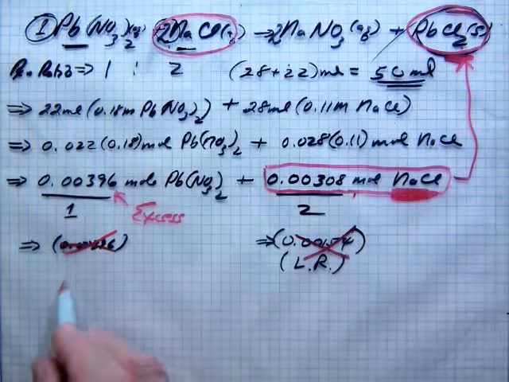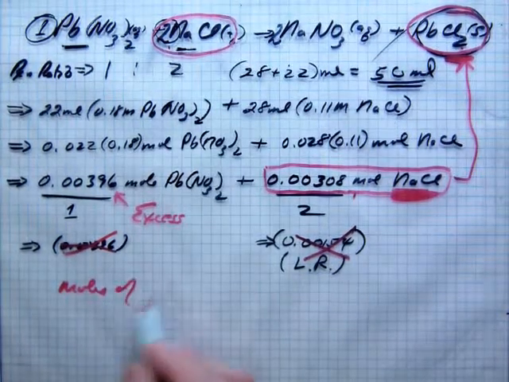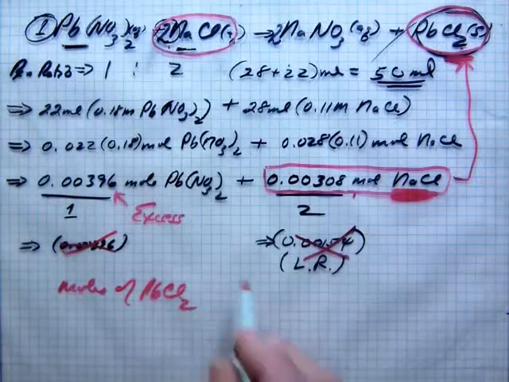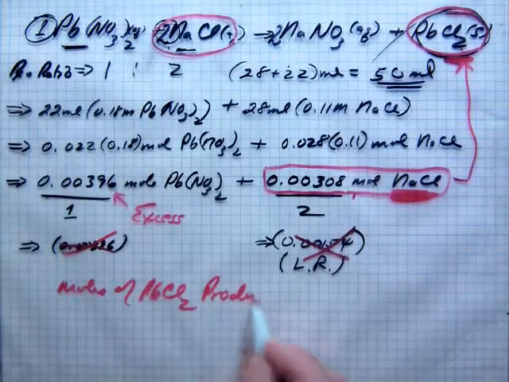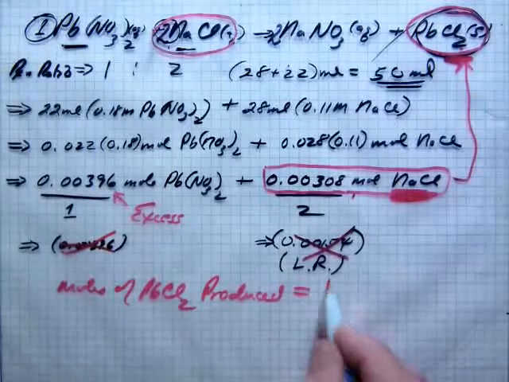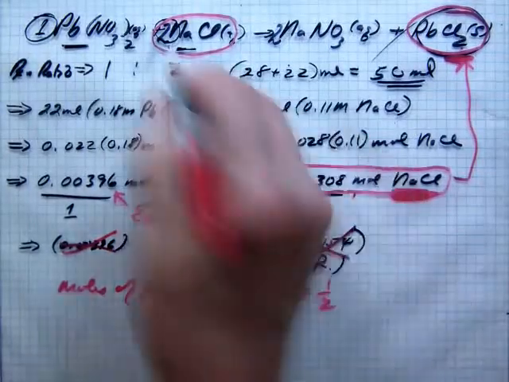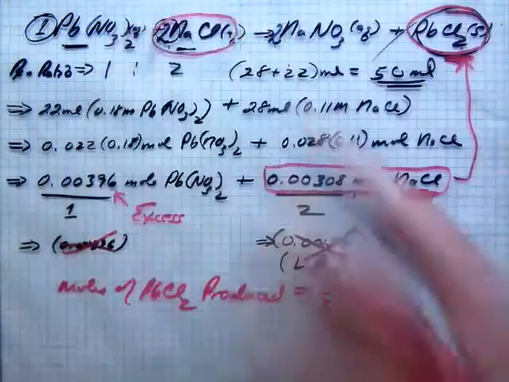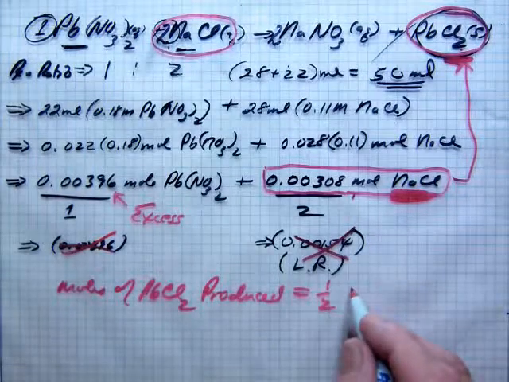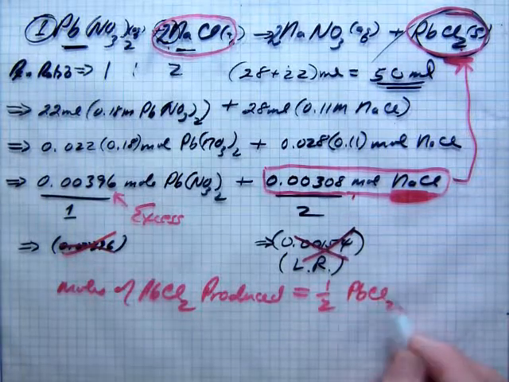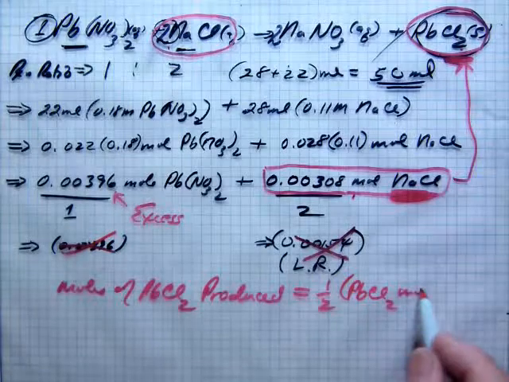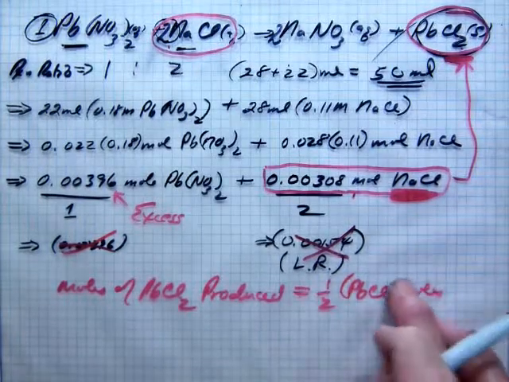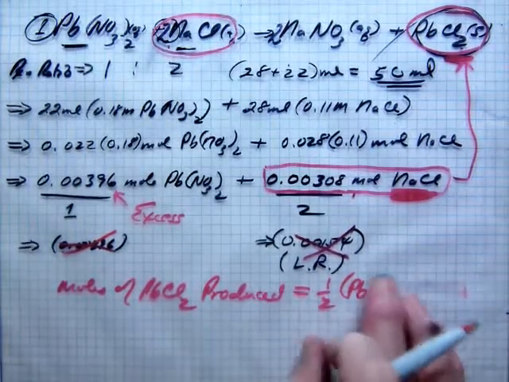So the moles of PbCl2 produced is equal to 1/2. That's what it says. See, that's half. 1 is half of 2. Okay, 1/2 of lead chloride moles. Oh, sorry.